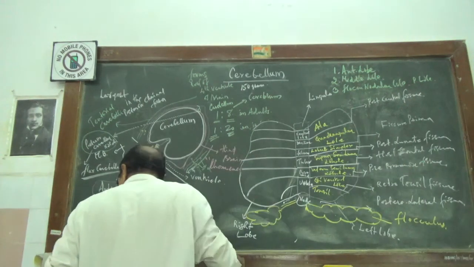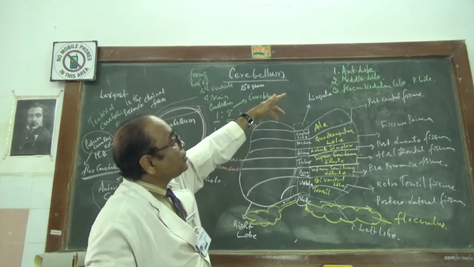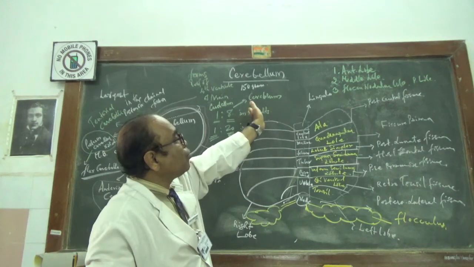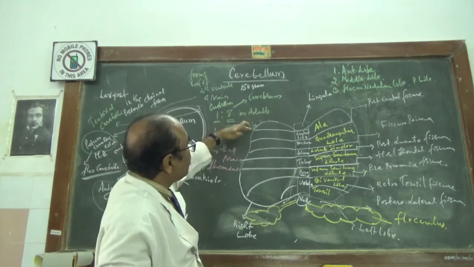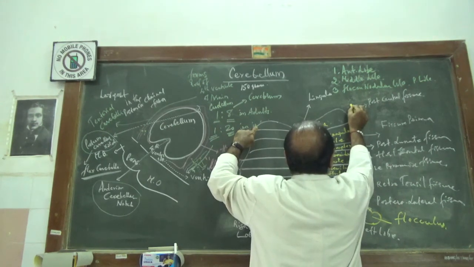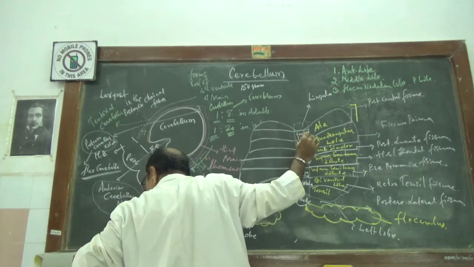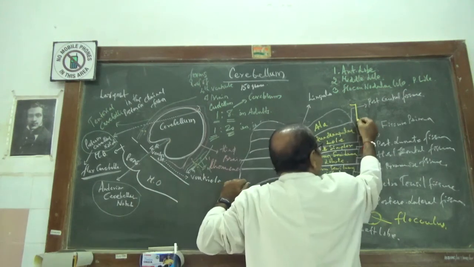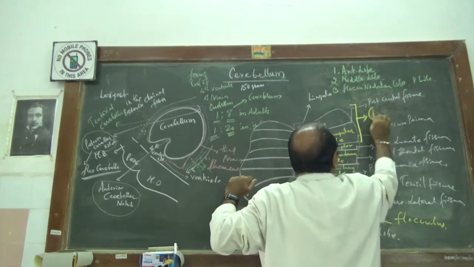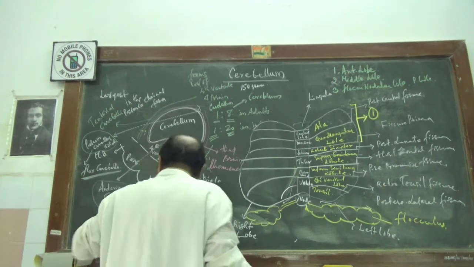Now these are the broad lobes. On the anterior lobe, you have got the vermis and a lobe. The middle lobe you have from here up till this. This is said to be the anterior.